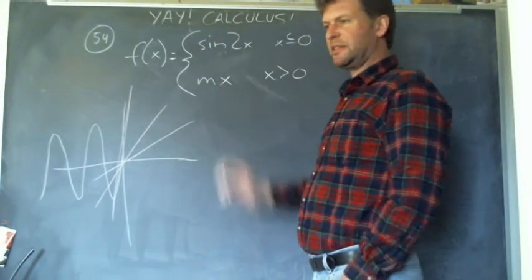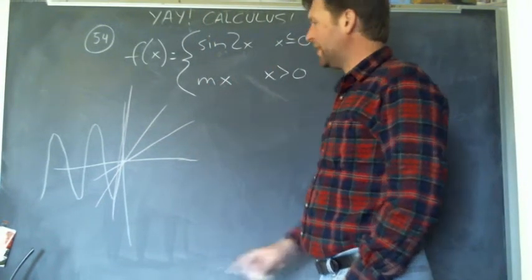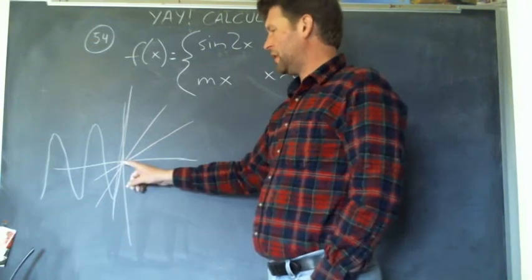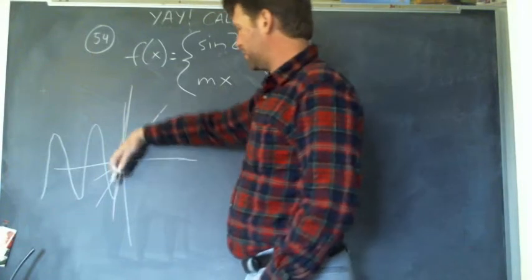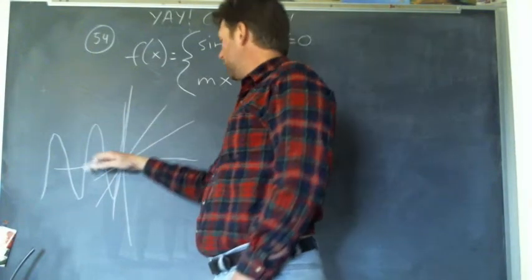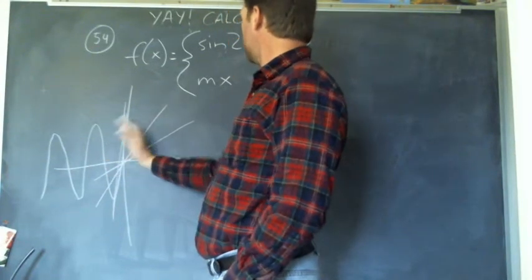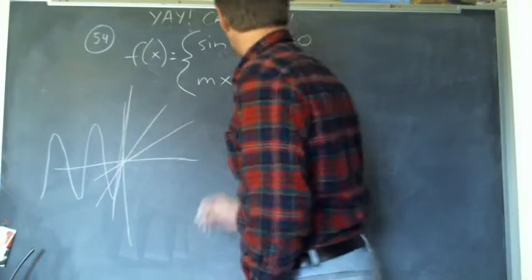Asking for where is this continuous and differentiable. As they all go through the origin, they're all going to be continuous. And so we can put this in any place we want. We have a slope of 0. We have a slope of plus minus 1.